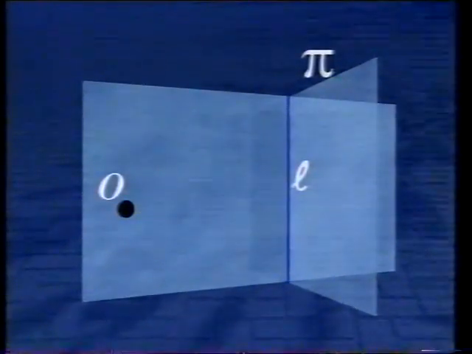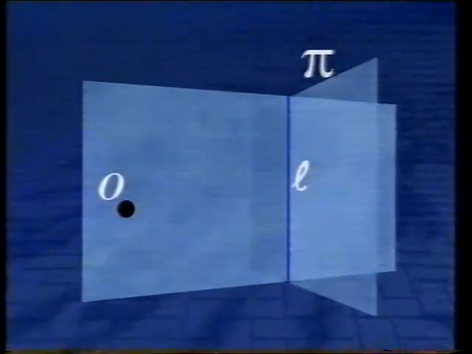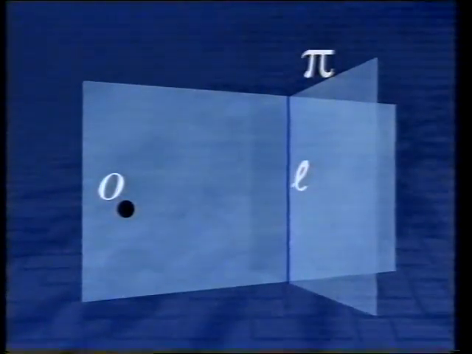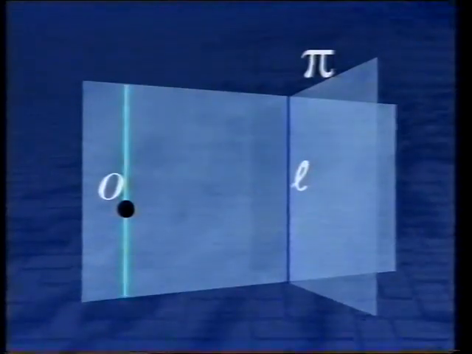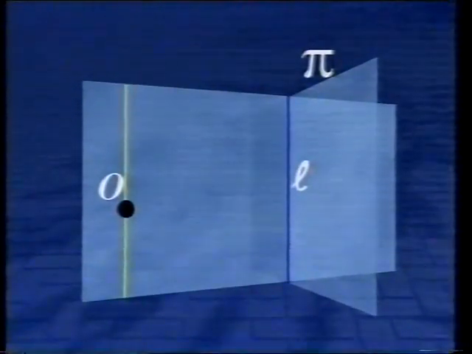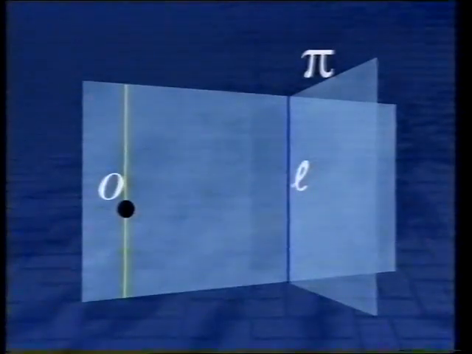Or rather, what we have so far is the Euclidean plane through O and the Euclidean line L, with exactly one line in the plane missing. This one, which is a Euclidean line through O that is parallel to the plane π. And earlier on, we called this an ideal point for the plane π.